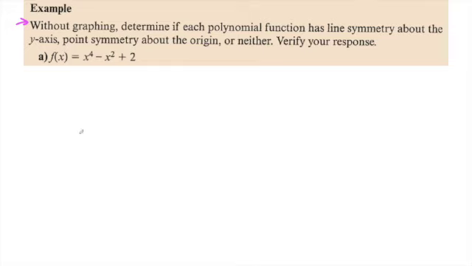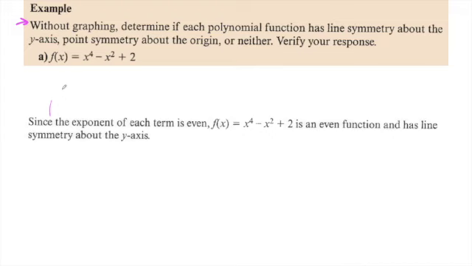So what we're going to do here is figure out if it has line symmetry about the y-axis. That is when you have to check, because it is an even function, right? Even function with that 4. We're going to see if it has line symmetry about the y-axis because that even function goes with the y-axis.